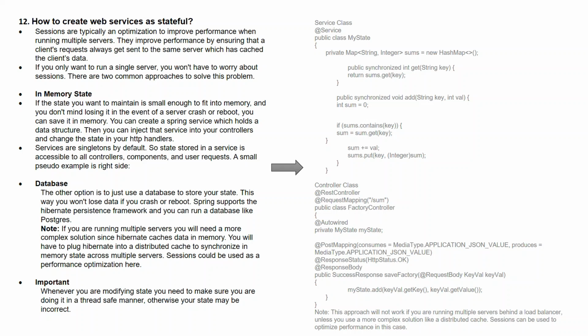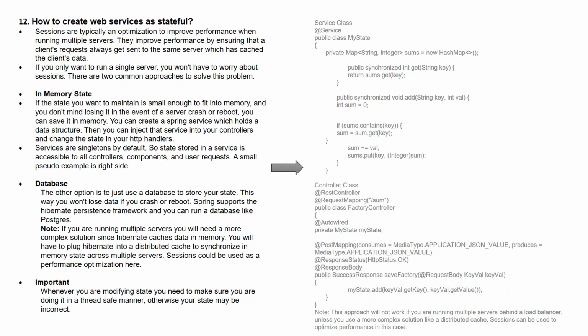Database. The other option is to just use a database to store your state. This way you won't lose data if you crash or reboot. Spring supports the Hibernate persistence framework and you can run a database like Postgres. Note, if you are running multiple servers, you will need a more complex solution since Hibernate caches data in memory.